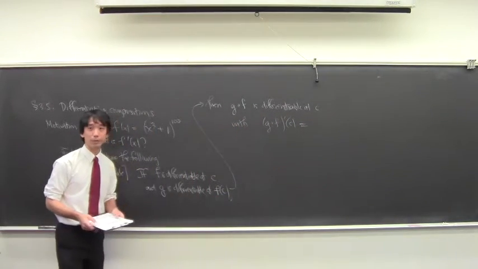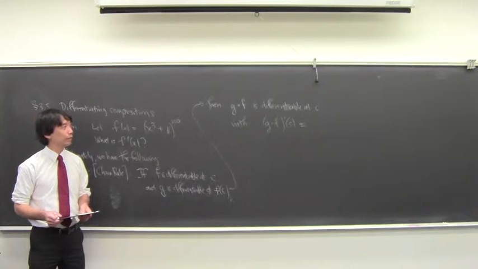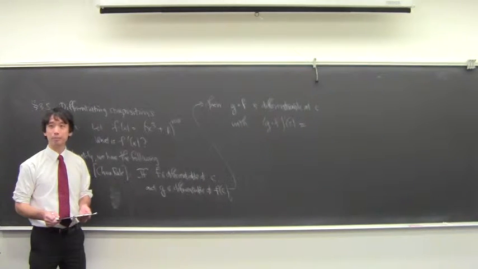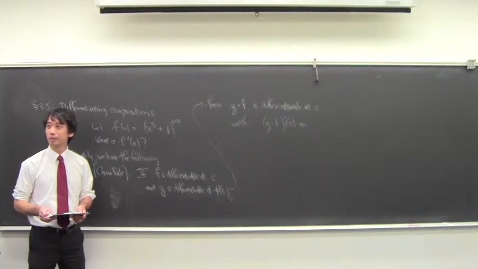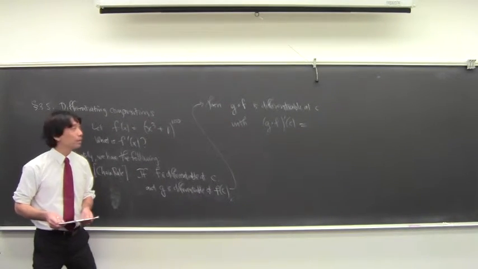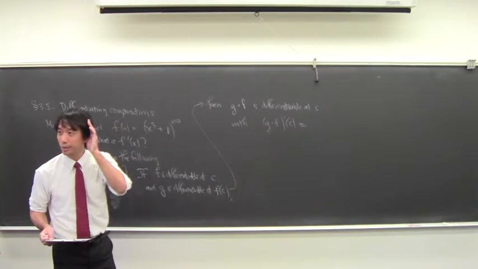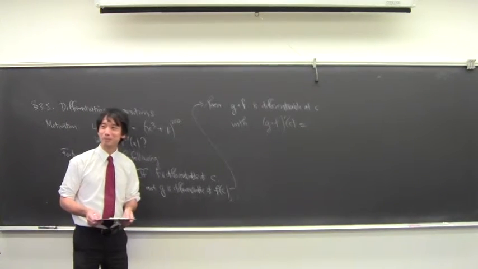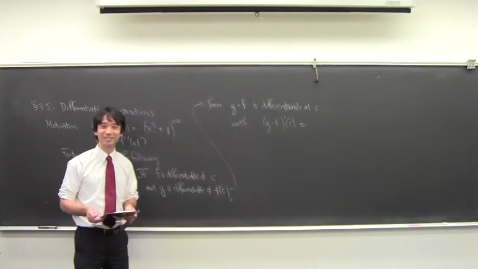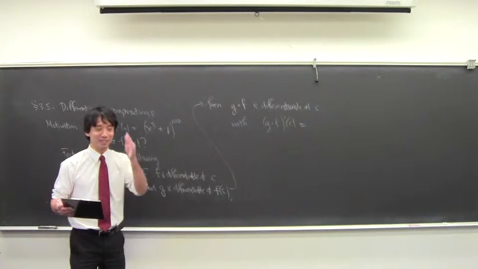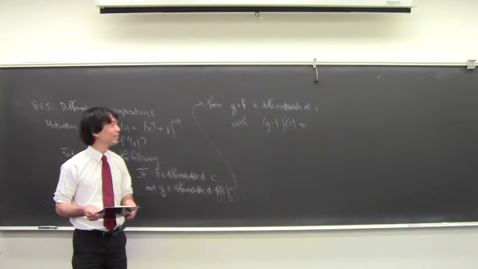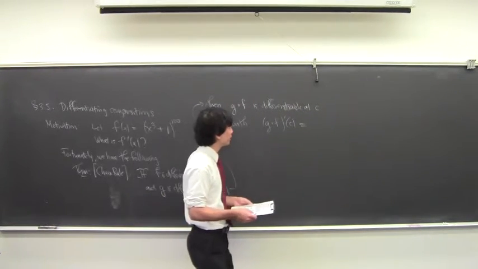Those of you who've seen this before, the derivative of the composition is going to be, Isaac? I'm sorry, I can't hear you, say it louder. Okay, very good. Sarah? Isn't it the derivative of the outside function times the derivative of the inside function?